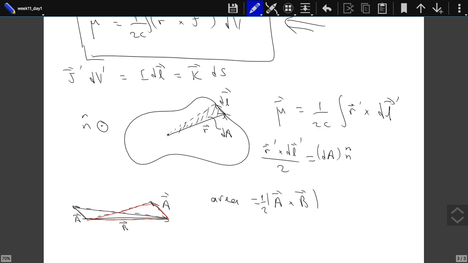Then the perpendicular direction you determine again by the right-hand rule. Just curl your fingers in the direction of the current and your thumb points in the direction of n. So mu in this configuration for this special case of a single current carrying wire is nothing but mu is equal to 1 over c times the area in the n direction.